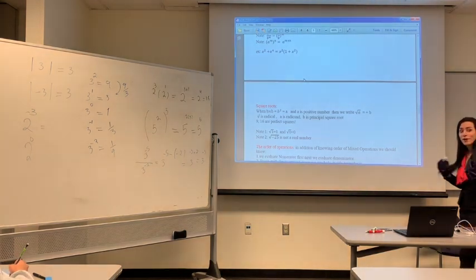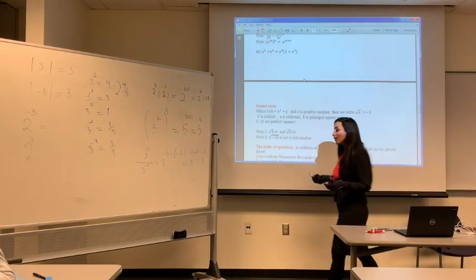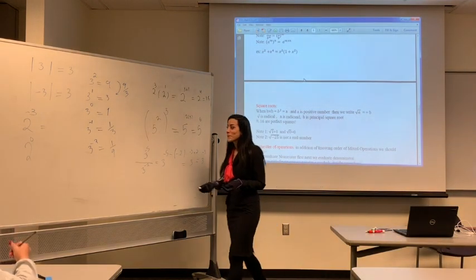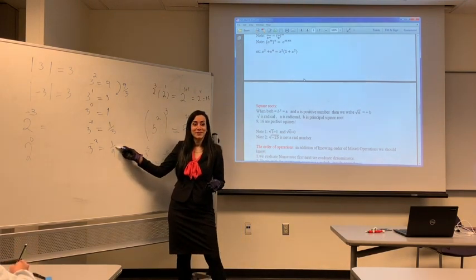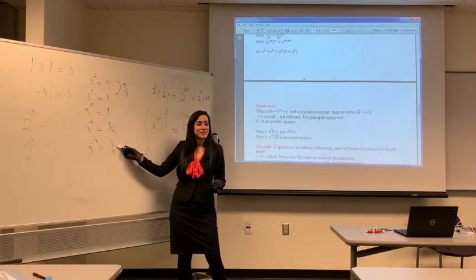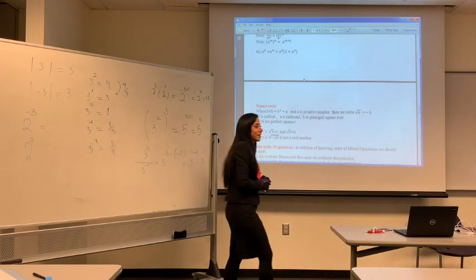And now later, if I ask you what is 3 power -3, you will continue this one. Correct? Divide this one by 3. So you will have 1 over 27. Wait, why 27?